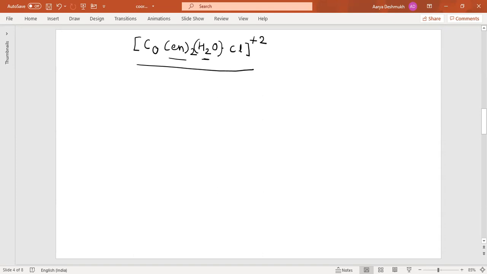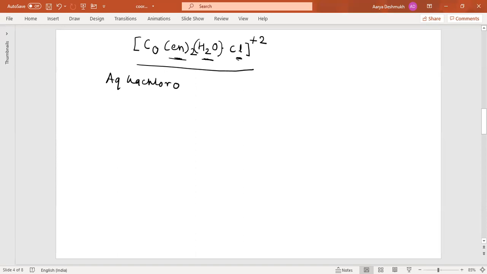A comes first, and then chlorine is also there, and ethylene. Alphabetically, first we have to go for this water molecule, then this chlorine, and then ethylene. So we'll write aqua. Here there is only one water molecule, so only write aqua. Then only one chlorine is there, so chloro.